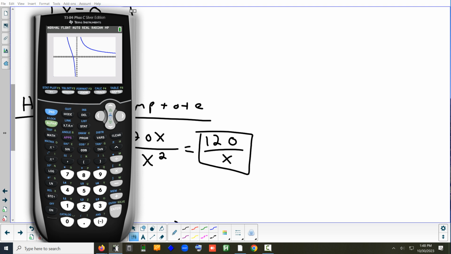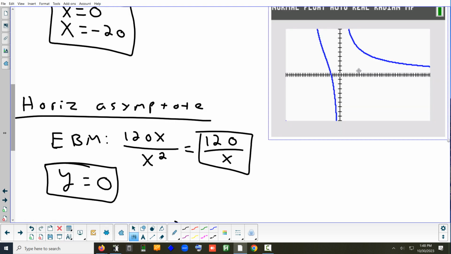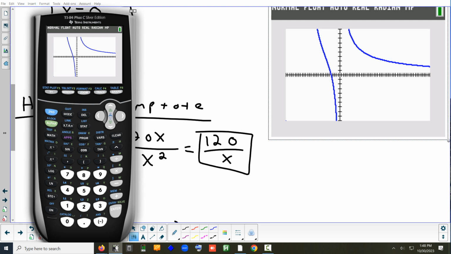Okay, so I think I'm seeing my asymptote. I'm not sure if there's something else in that lower left corner. See that little dot right there? Not sure if something else is happening over there. So what I'm going to do is I'm just going to look a little bit lower and to the left and just see if there's anything over there. Let's go -40 and let's go -30.